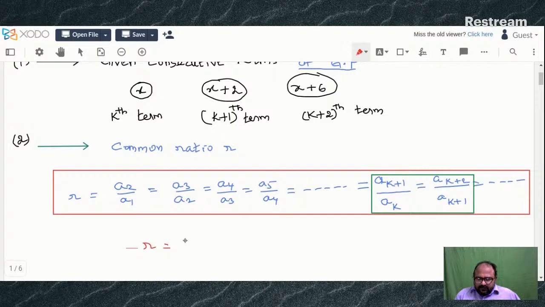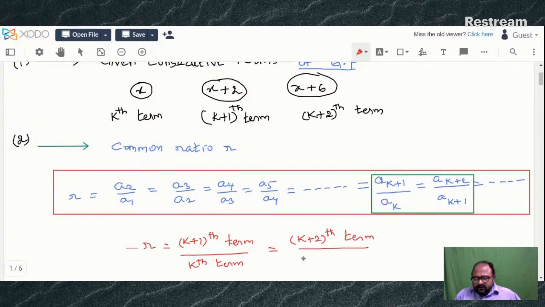k plus 1th term by kth term equal to k plus 2th term by k plus 1th term.